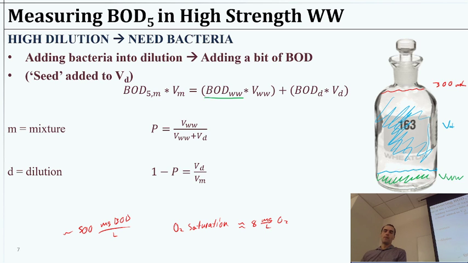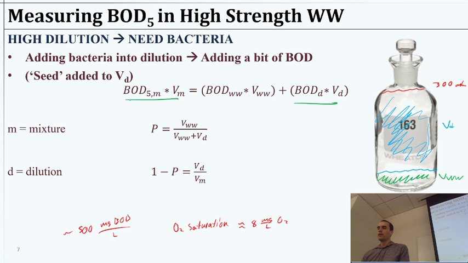And typically, operators will do two simultaneous experiments. They'll just have a bottle with just the dilution water with the bacteria seeded in it, just to see how much BOD that contributes. And they don't really need to dilute that. It's already diluted. So you just put that aside, measure that, and do your actual diluted wastewater, and you'll find this value and you'll find this value as experiments.